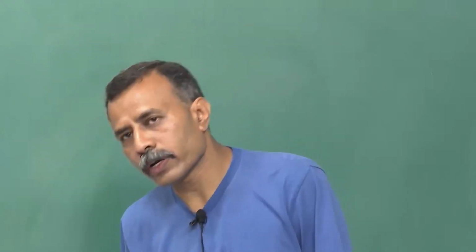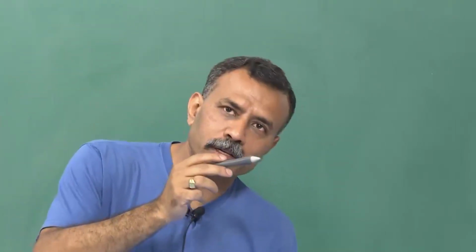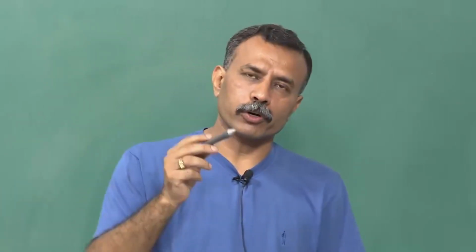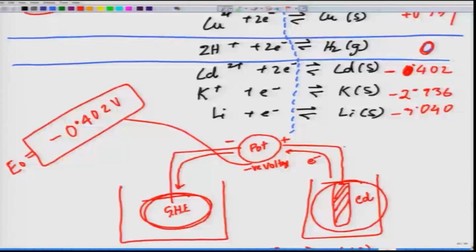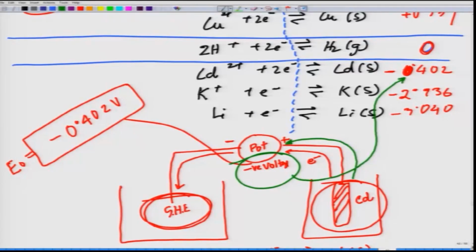If the electron is traveling, follow the diagram, to the positive terminal of the potentiometer, then you will observe a negative voltage, and that is precisely why you see this.